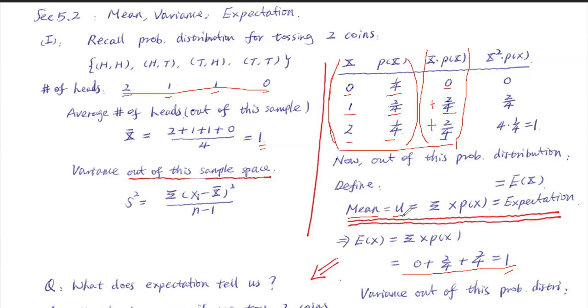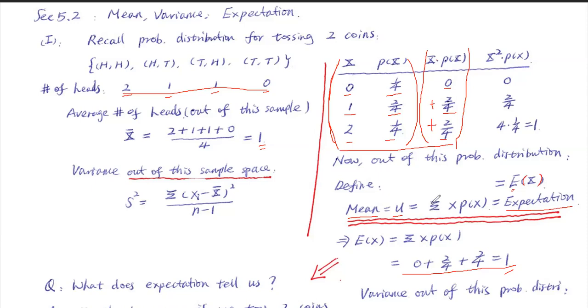Different notation, same meaning. Another fancy way to say the average, we call this expectation. Sometimes we use capital letter E for expectation and the corresponding X, so we are saying expectation of X. What's X? Those numbers here. They are talking about the same stuff, different notation.